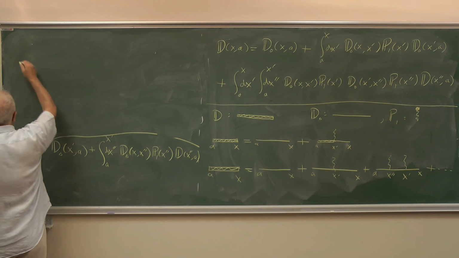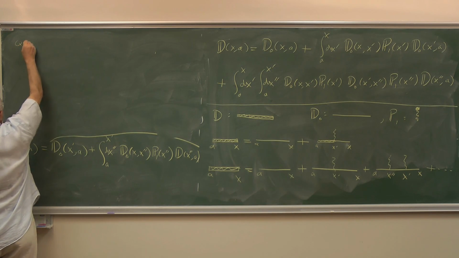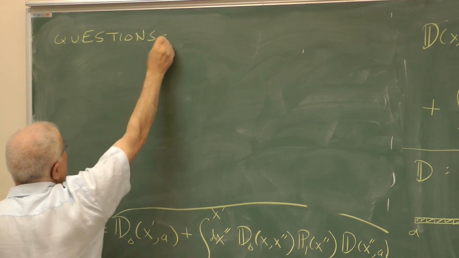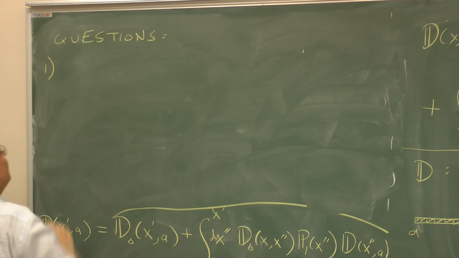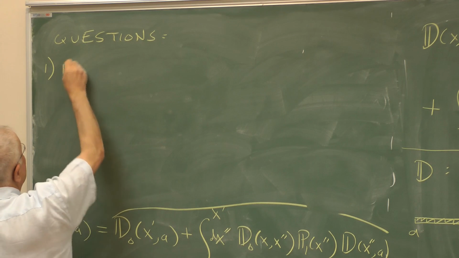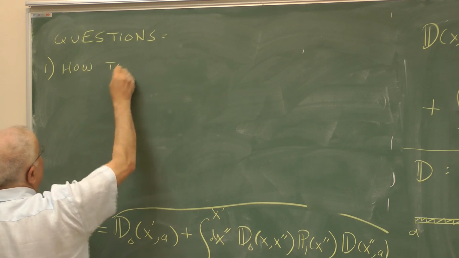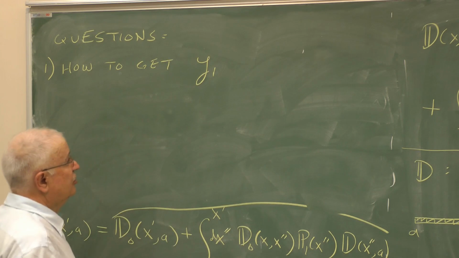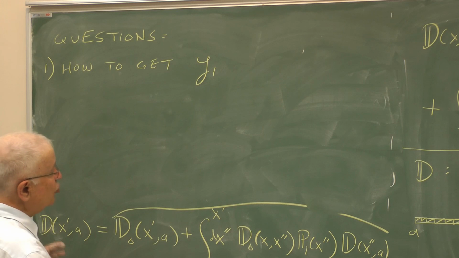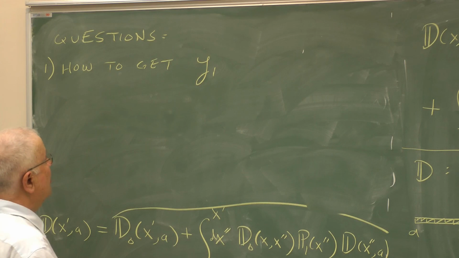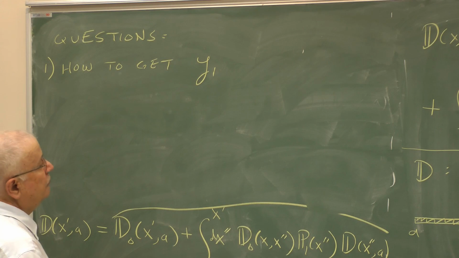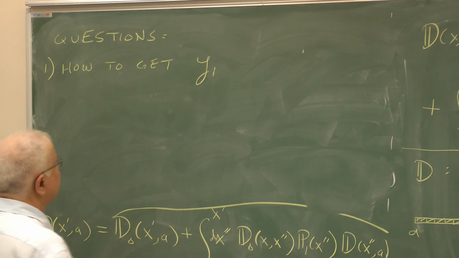General. The first is how to get one solution. If we get one solution, we get the other solution by Abel's formula. When I have the two solutions, I have the fundamental matrix. If I have fundamental matrix, I have everything.